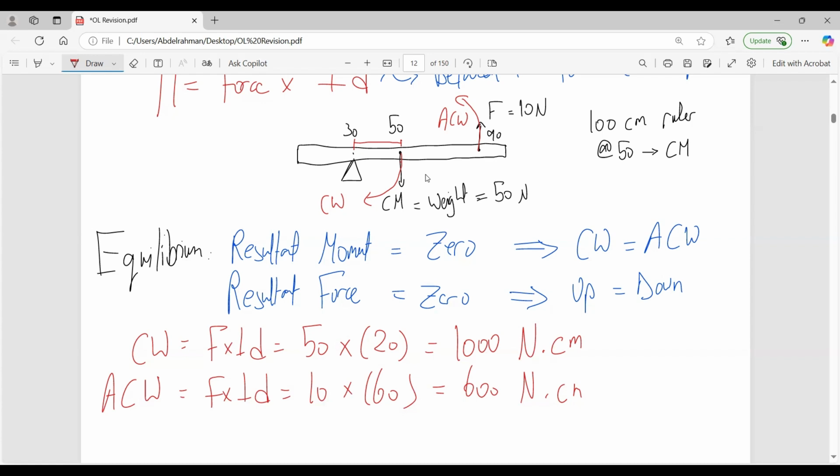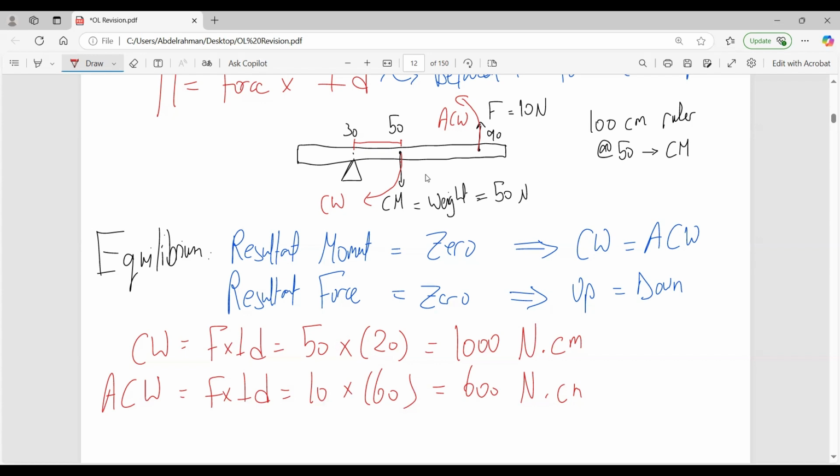Can I add another force to make this beam in equilibrium? Yes, I can. You can add a force. If I didn't specify the distance or the force, you can add a force at whatever distance you like, to make this beam in equilibrium. Now you need an anti-clockwise moment.